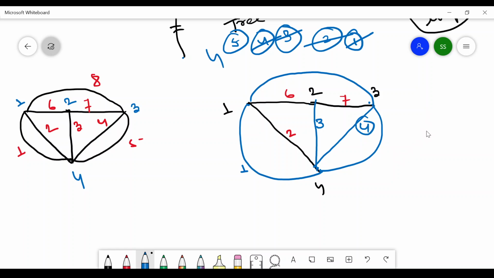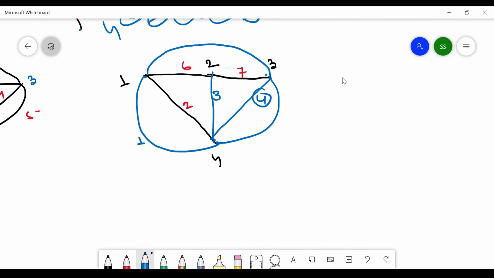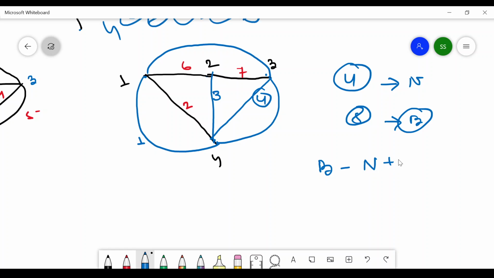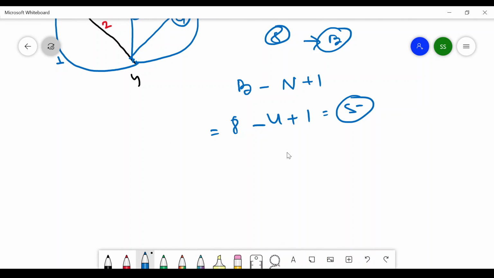So from this particular picture we can say it has 4 nodes and 8 branches, and we get b minus n plus 1, that is 8 minus 4 plus 1, which is 5 independent loops.